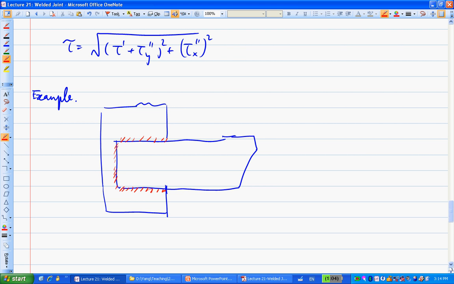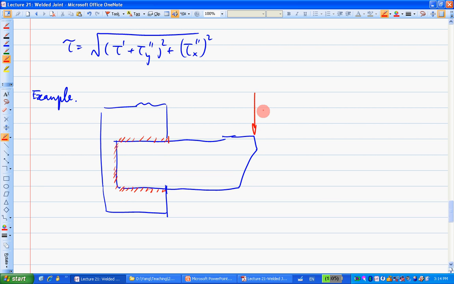That's where you do the weld. Suppose there's a certain leg length. That's not the point. I just want to show you how to use a table to calculate the primary and the secondary shear, right?